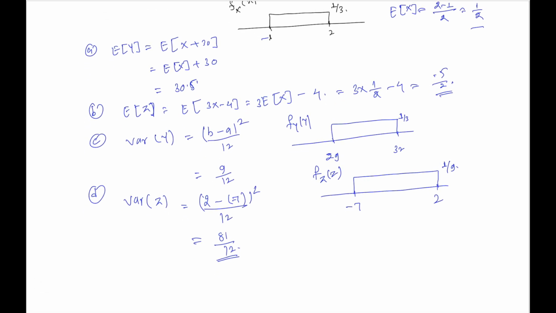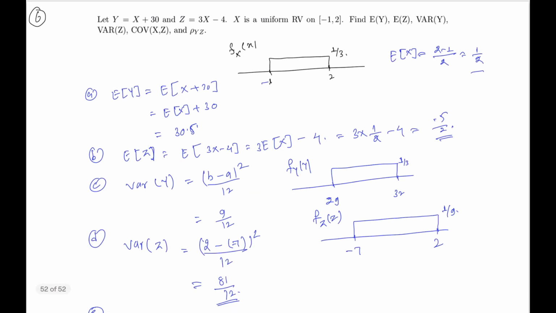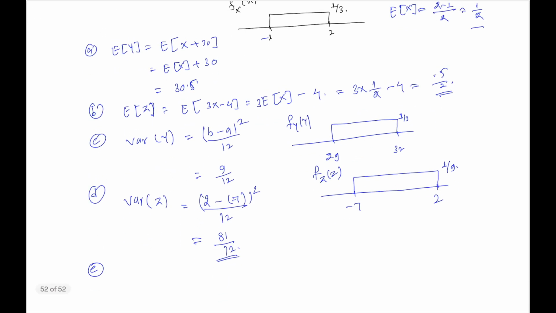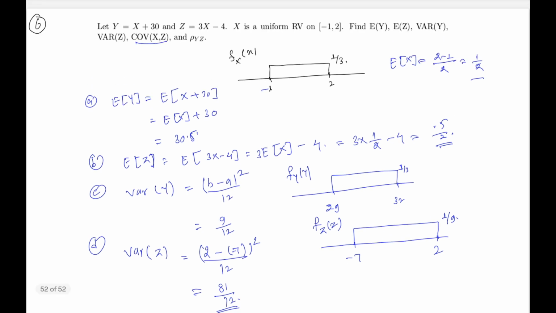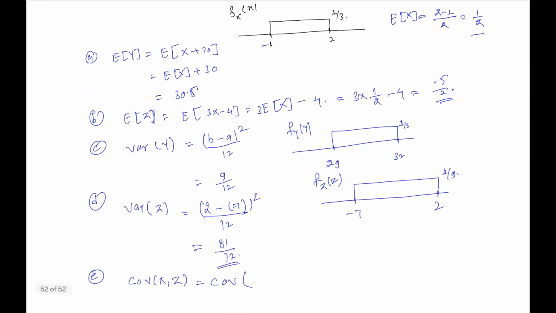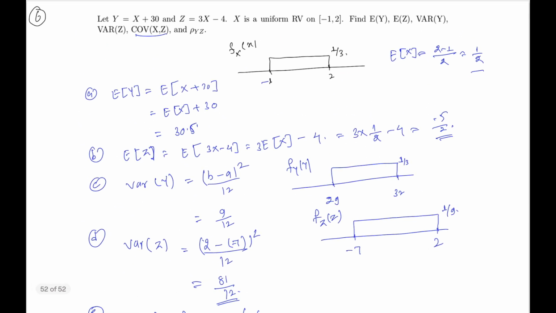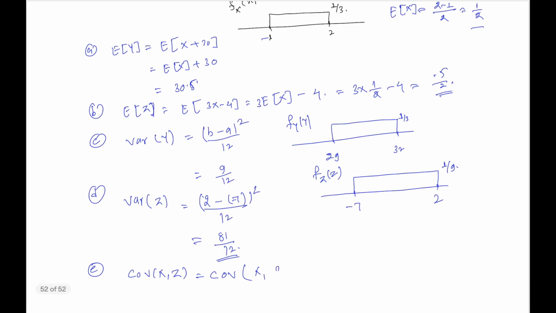Now coming to part E, we have to find the covariance of this random variable x and z. The covariance of x and z can be written as covariance of x with 3x minus 4, since z is 3x minus 4. The constant can directly be cancelled out.